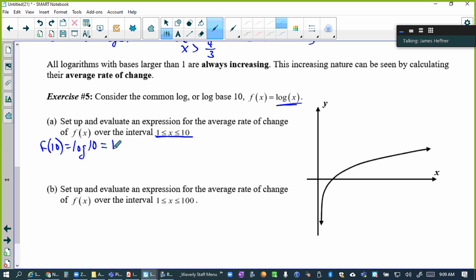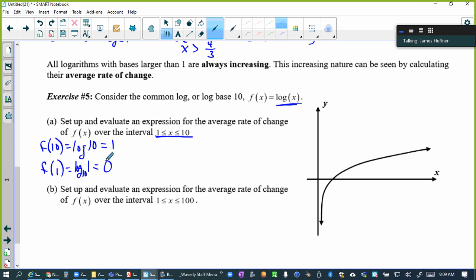And what about f of 1? That'd be the log base 10 of 1. 10 to what power gives you 1? 10 to the 0, so that equals 0, right?